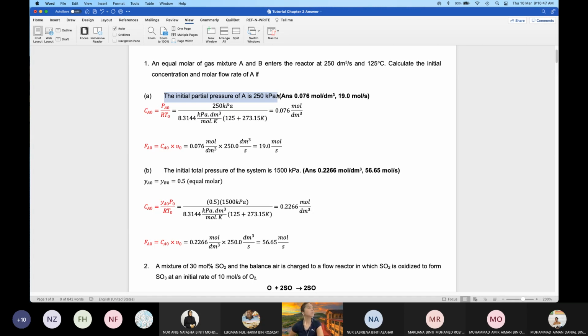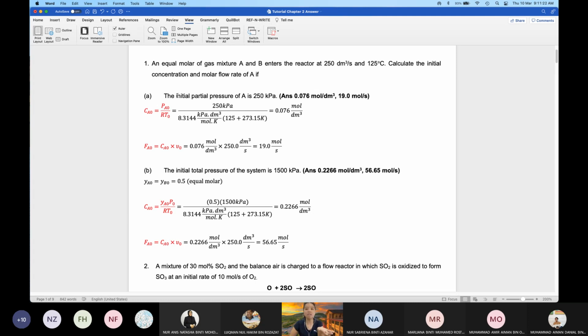Okay, so how do we solve this question? First of all, what is this 250 kilopascal? This 250 kilopascal is the pressure owned by A, or the pressure of A initially in the reactor. For pressure we use P, for compound A we use subscript A, so P subscript A. And since this is the initial partial pressure, we have naught. So the 250 is actually PA0.